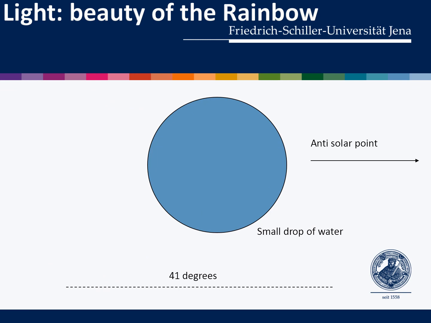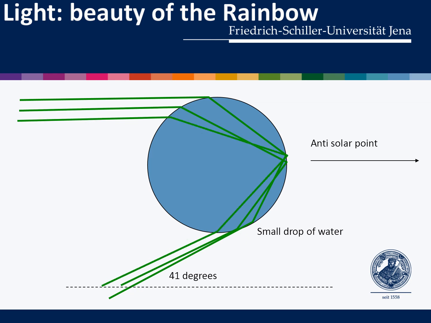If we now take a different color, green, you see that because of dispersion, that means the refractive index is dependent on the color of the light, we get a tiny bit of a different angle. So instead of 42 degrees, it is 41 degrees near the extremum. And that, of course, is the reason that we see different colors in different positions.